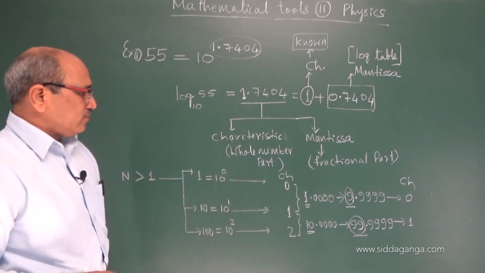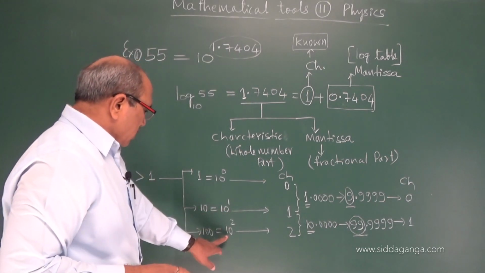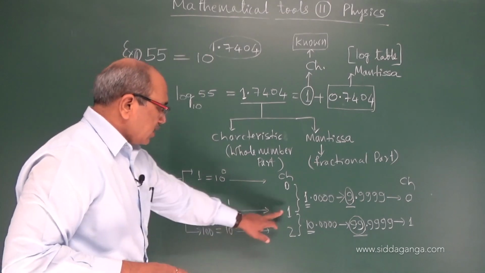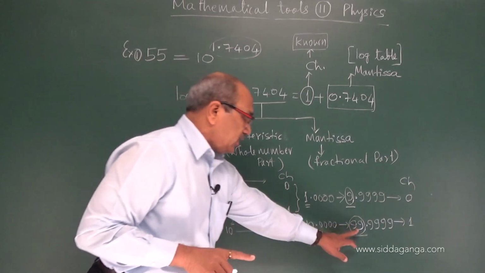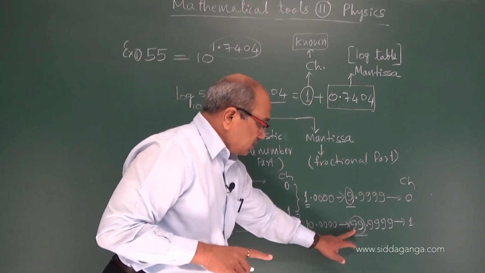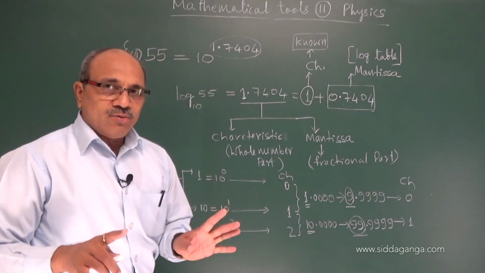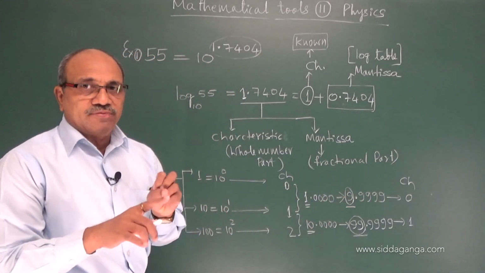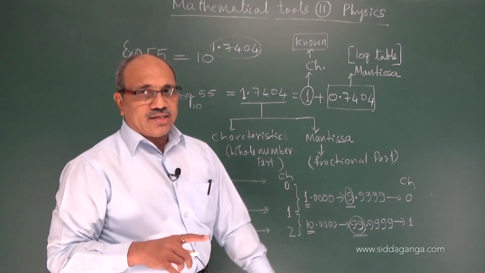Characteristic is 1 from 10 up to reaching 100, not reached 100, up to 99.99. 2 digits, 1. 1 digit, 0. You are clear now. Whatever the number of digits to the left of the decimal point, you count and make it 1 less and put the characteristic.